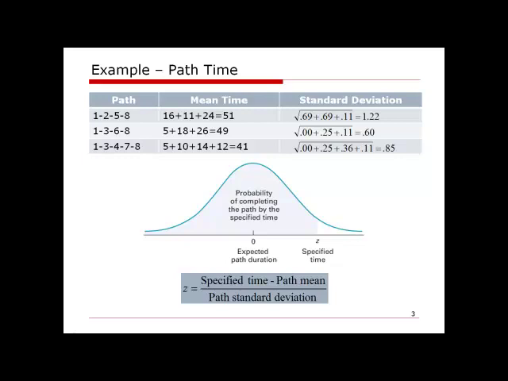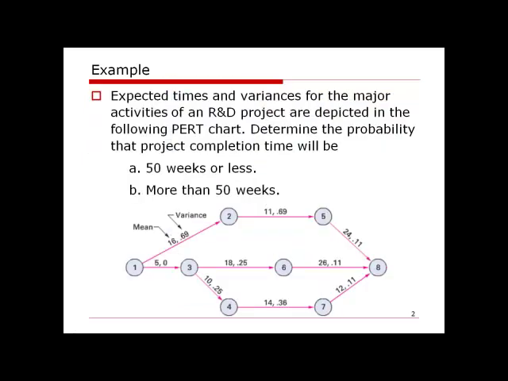Second, we calculate the corresponding standard deviation. Remember, in the previous chart, the given numbers are the variances. They are not standard deviations. So we add them up to get the corresponding variance for the path. For path 1, 2, 5, 8, the variance of the path will be 0.69, 0.69, and 0.11 added up.